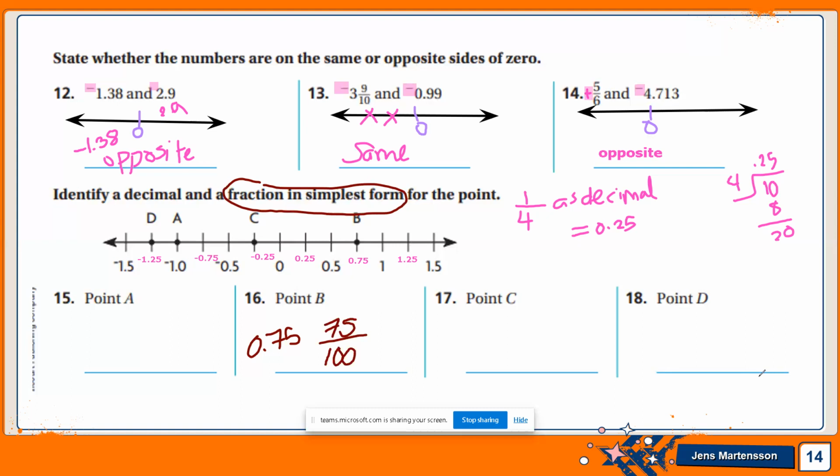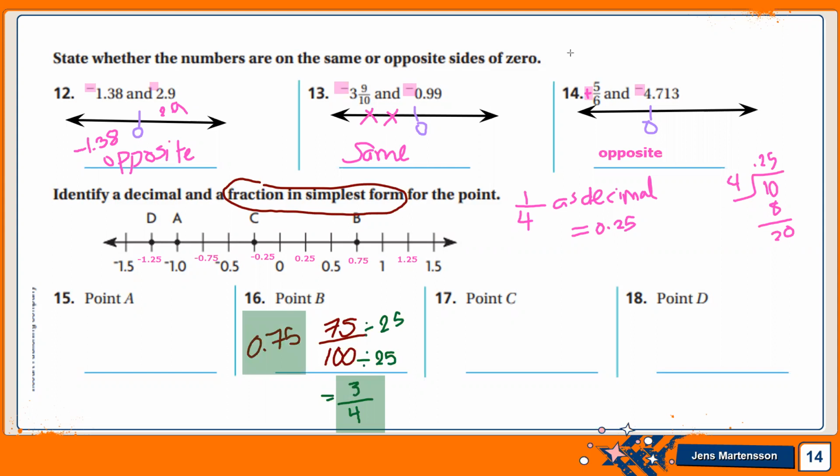Yes, divide by 25, divide by 25. 75 divided by 25 is 3. 100 divided by 25 is 4. So you write point B as a fraction and as a decimal. Thank you, Sham.